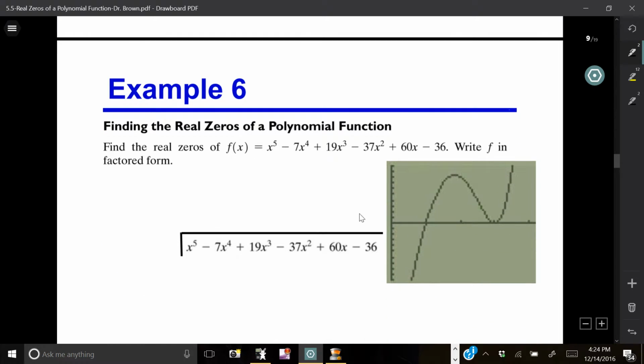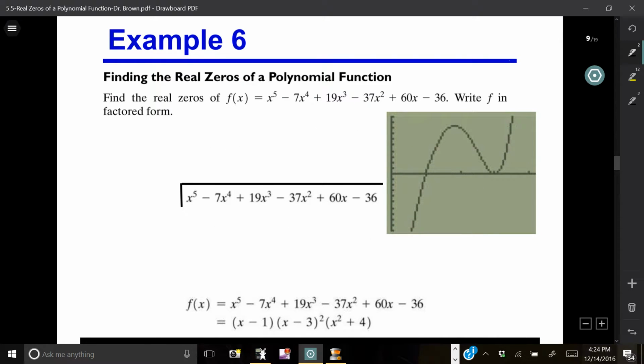Now, let's find the real zeros of a polynomial function. It's a fifth order polynomial given here. And I'm going to go ahead this time and we're going to graph the equation.